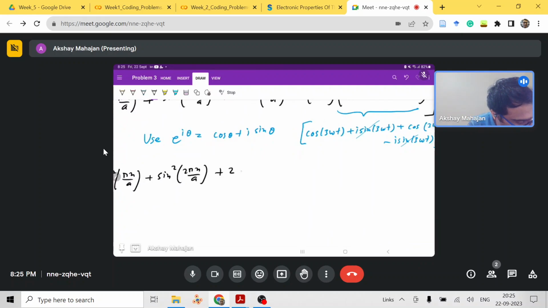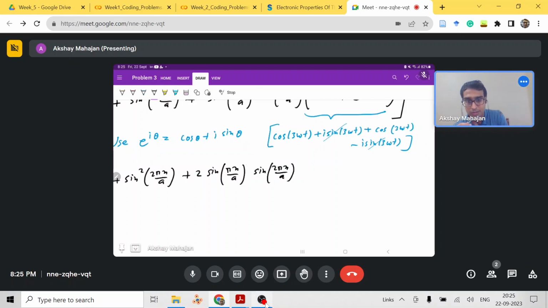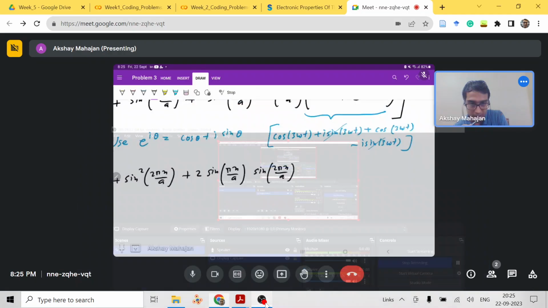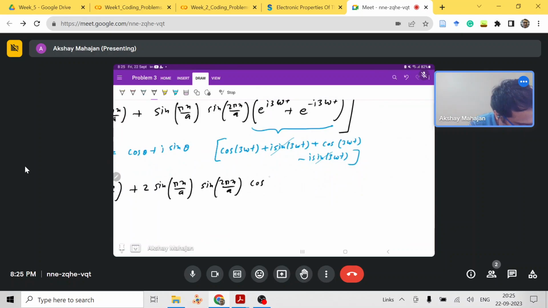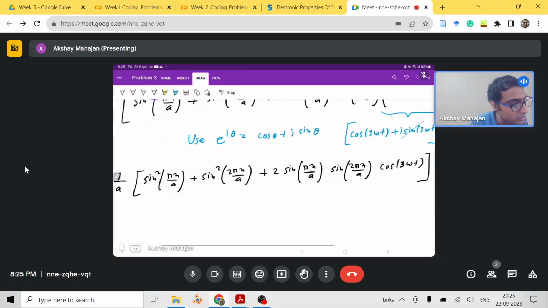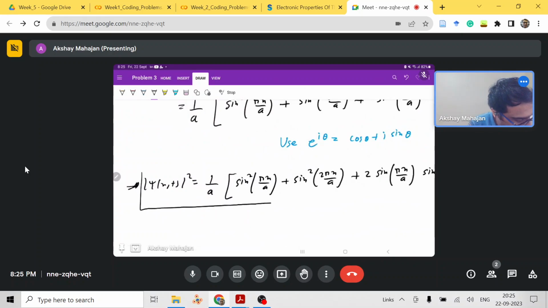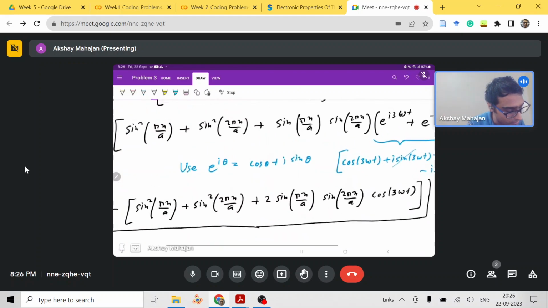So we get this 2 times sine pi x by a and sine 2 pi x by a times cos of 3 omega t. Alright, so this will be our answer for mod of psi x comma t whole square: 1 by a times sine square pi x by a plus sine square 2 pi x by a plus 2 times sine of pi x by a sine 2 pi x by a times cos 3 omega t.